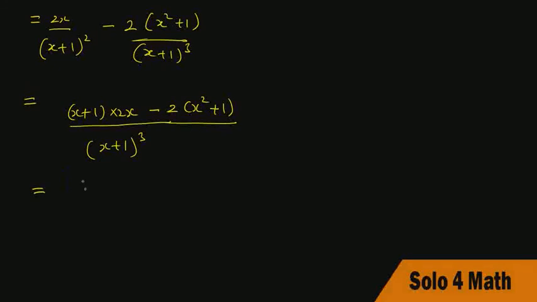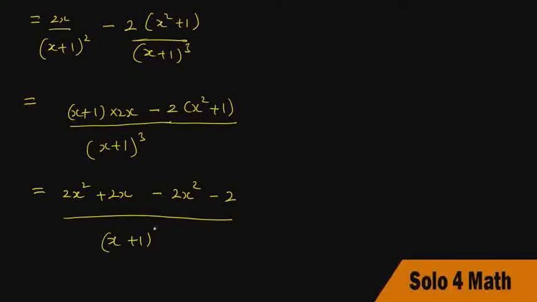When we expand, this will be 2x squared plus 2x when this one enters the bracket, minus 2x squared, minus 2, over (x plus 1) cubed.